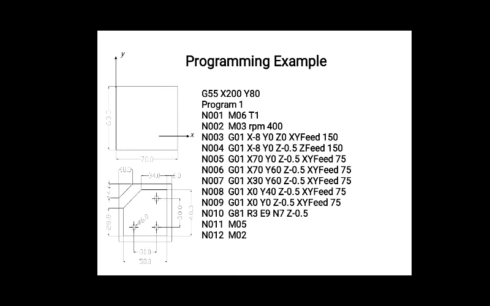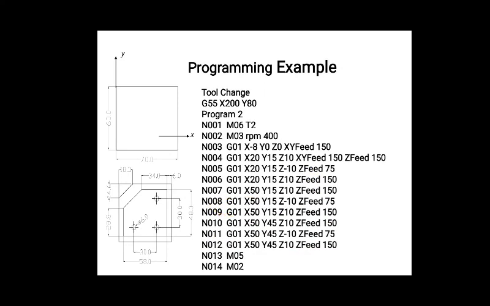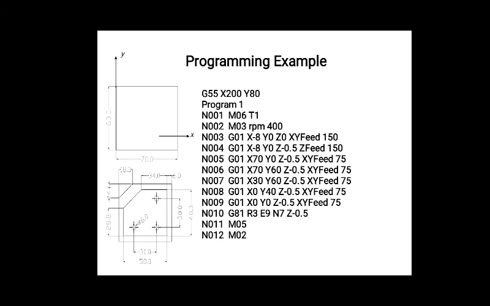And again we moved horizontally, that is x30 y60. Then we moved in an inclined direction, that is x0 y40. And the last cut, that is the downward cut, to move it into the original position, and that is N009, x0 y0 z minus 0.5 with a speed of 75 mm per minute.